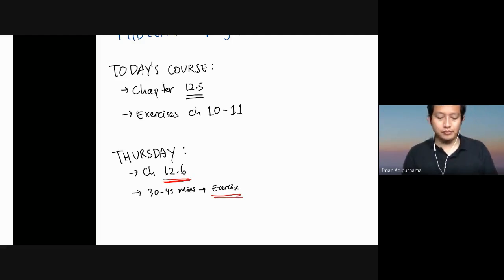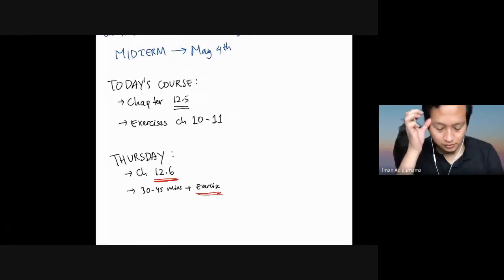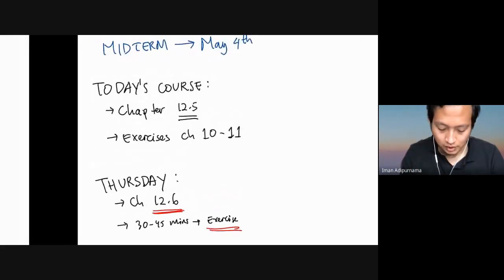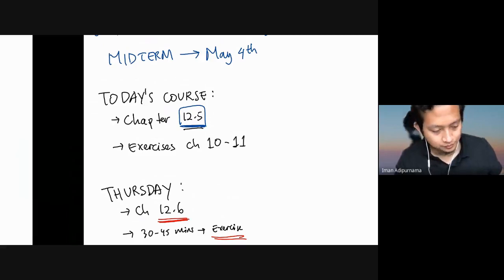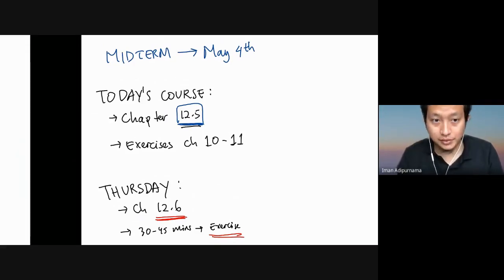Okay, so I will go to 12.5 a little. Okay, so I forgot something in 12.5 to finish the chapter. And then after 12.5 finish, we can continue to exercise on chapter 10 and 11.